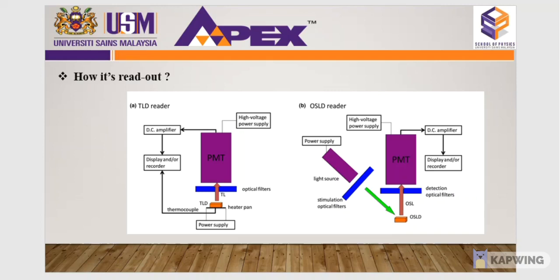The purpose of the optical filter is to ensure the photons have homogeneous energy. After that, the photomultiplier tube acts as a signal amplifier. The photomultiplier tube converts the light to electrons by the photocathode.